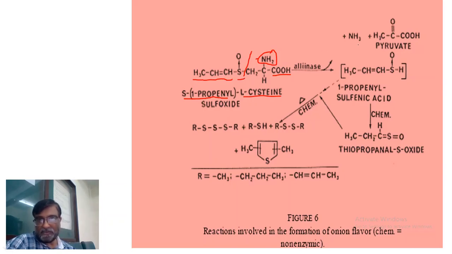Look at this one, this part is actually the pyruvate. This is also separated, and this part is forming the 1-propenyl sulfenic acid. And this 1-propenyl sulfenic acid is converting to thiopropanol S-oxide, right?